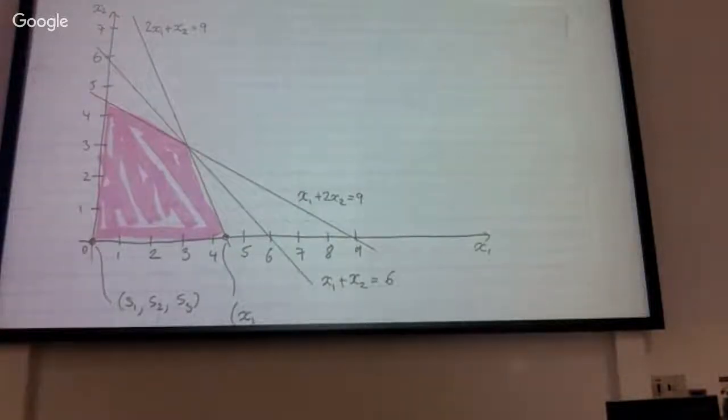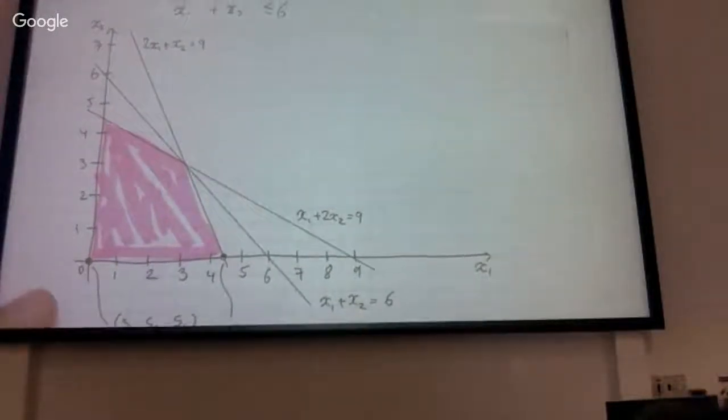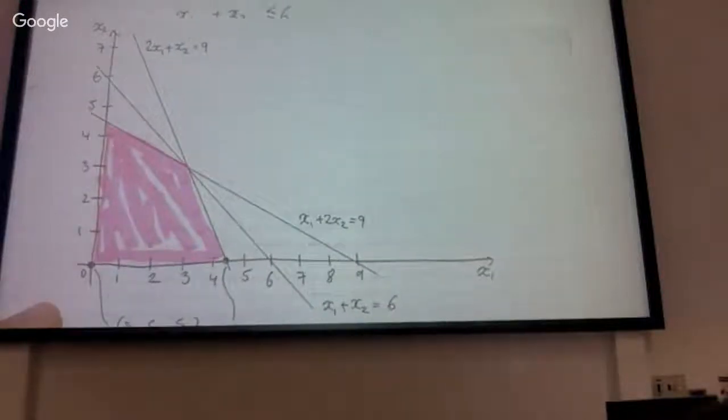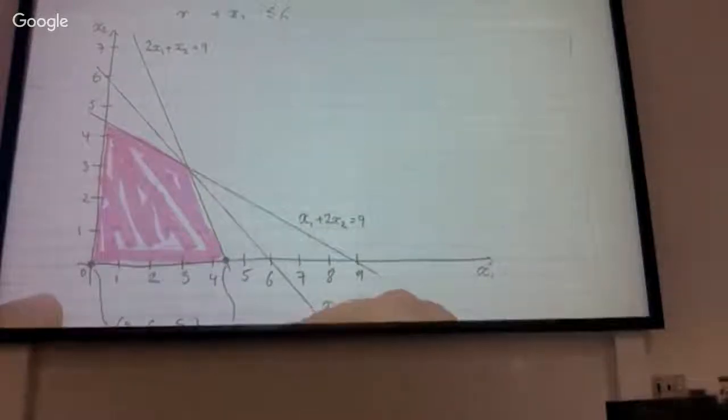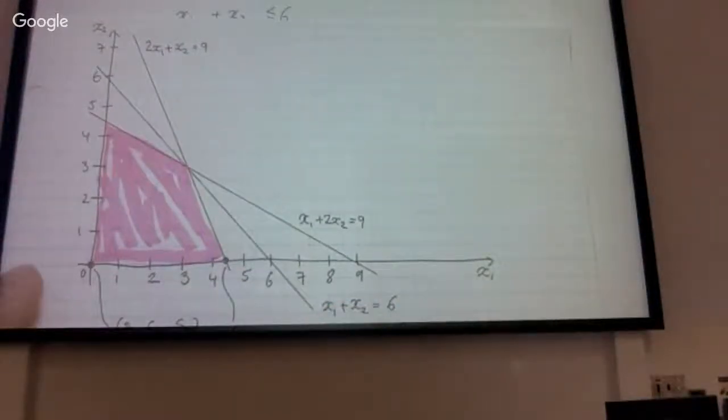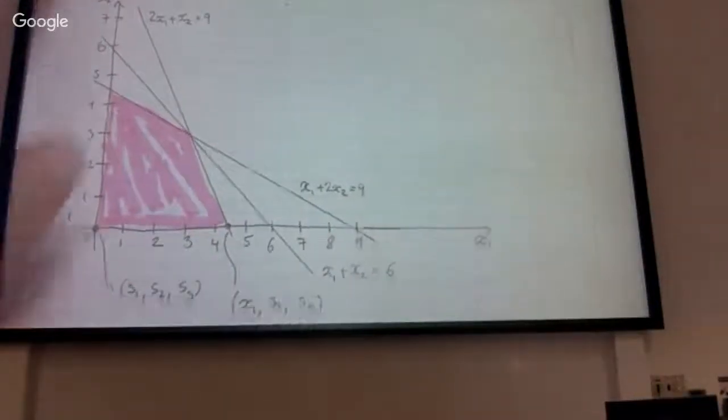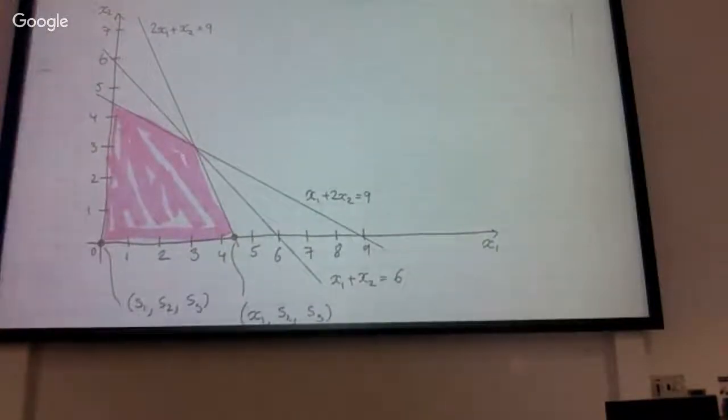What is 0 is the first slack variable, because the first constraint, 2x1 plus x2 is less than or equal to 9, is satisfied with equality, so that means that the first slack variable would be 0. So that's not in the basis, but S2 and S3 will still be in the basis. Is that clear, what I'm doing? Okay, so the basis is determined.